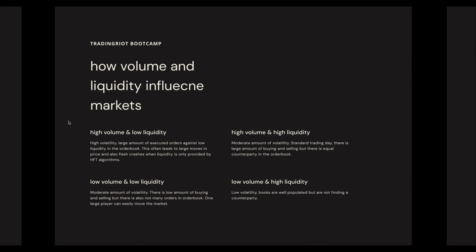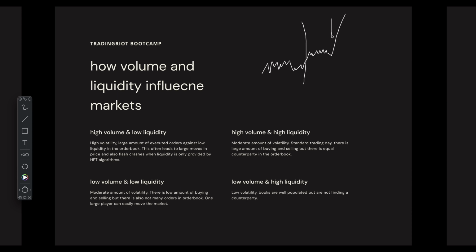If I draw this as an example, let me just do this. Say you have a market which is doing something like this, then something like this, and then something like this.